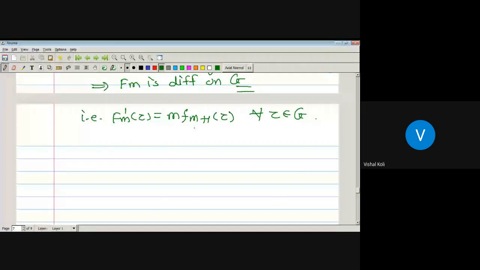As we have proved that fm is continuous, then fm plus 1 is also continuous in the same way.